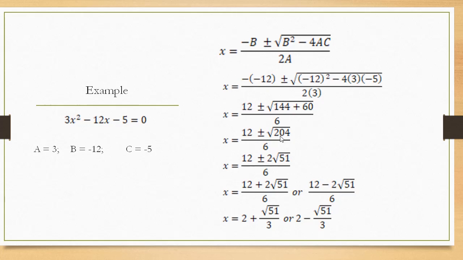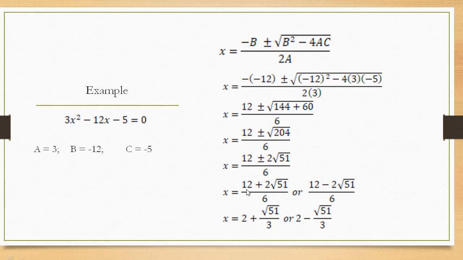Since 204 can be divided by 4, so 204 divided by 4 is 51. So 4 is a perfect square number. So 4, square root of 4 is 2. So igawas nato si 2. So nahimo na siyang 2 square root of 51 ang square root of 204.